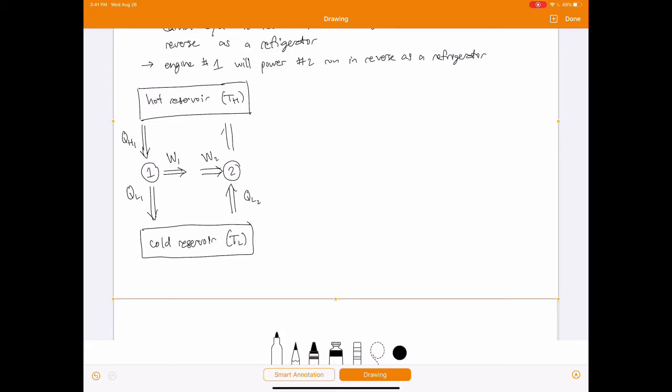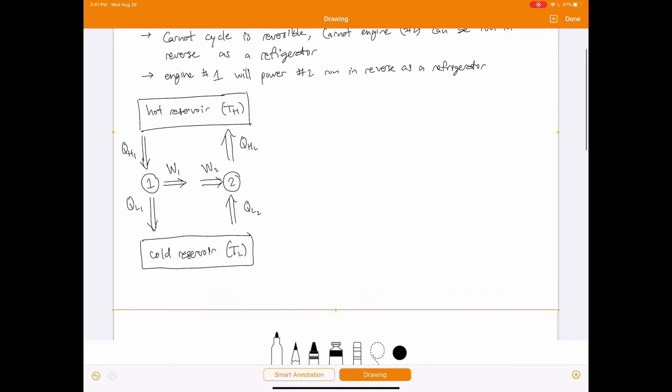And then we have QH2 going into the hot reservoir like this, okay? So that's how we show engine number 1 powering refrigerator number 2, which again is just a Carnot engine run in reverse, okay?